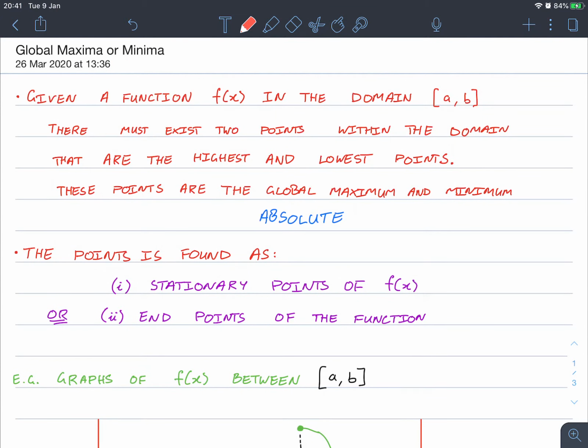In which case, looking at our 3 critical points, it's very clear to see which one of these is the highest point. In case you didn't see it, to find the highest point, we look at the y value. So this is clearly the highest point. So this is our global max.